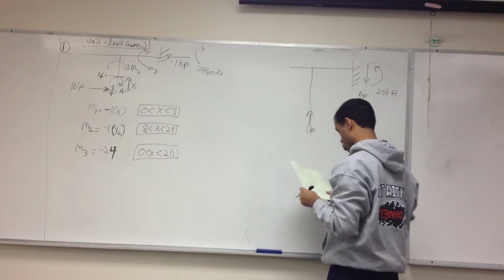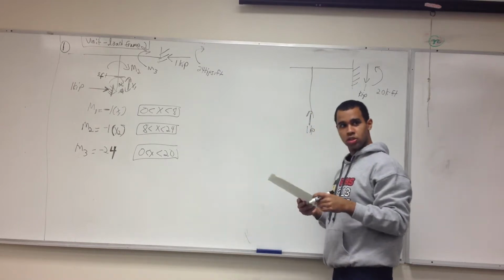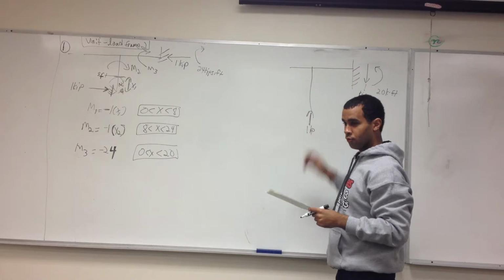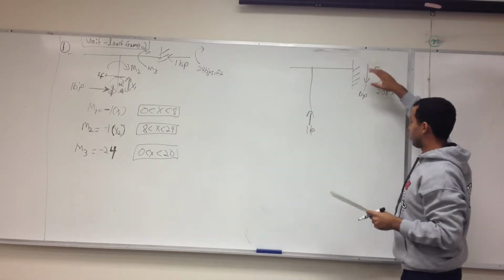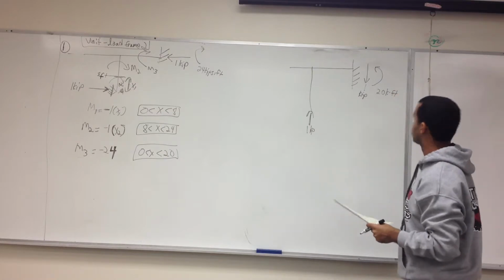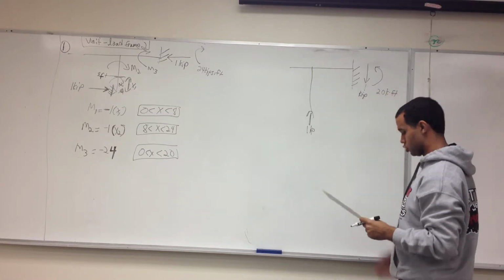So in unit load 1, as aforementioned, we have a 1 kip load acting vertical, and we have it being counteracted at the fixed support, and we have a 20 kip per foot couple at the fixed support.